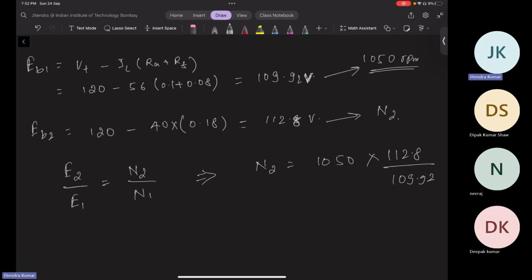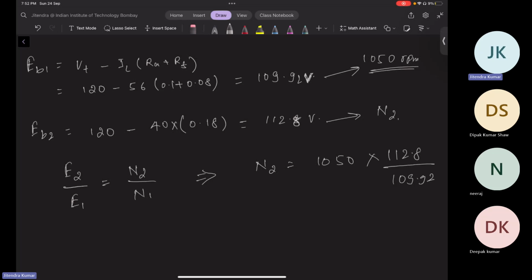In shunt field, what we do, we always consider, since our resistances are connected in parallel to the supply voltage, that our field current is constant and we are having a constant field supply. But in series, when you are varying the load current or input current, what indirectly you are varying?